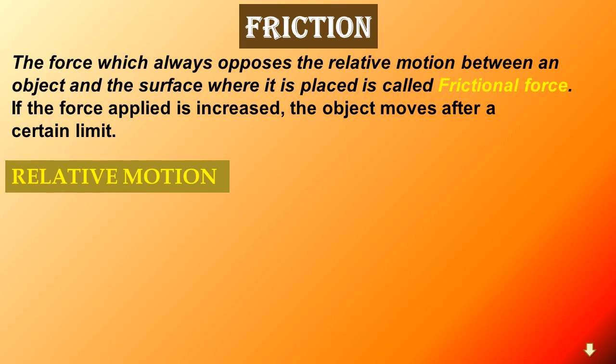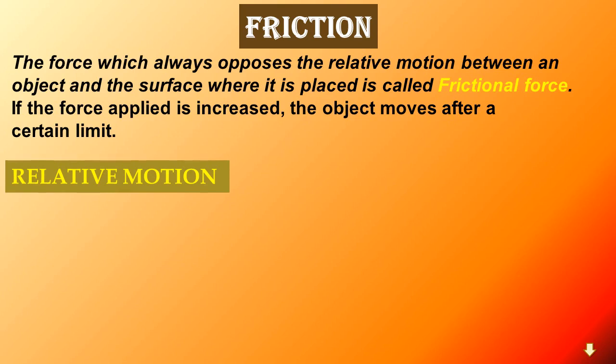If you have a concrete or some other hard surface, then the frictional force is very high. So the usage of energy is very high on surfaces other than smooth ones.